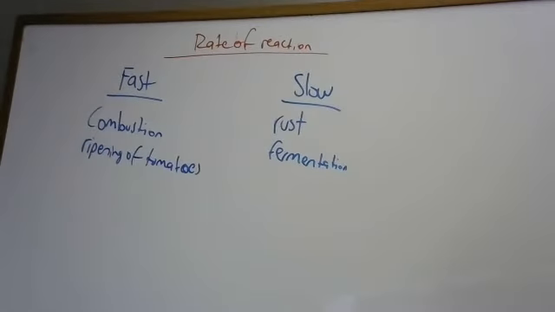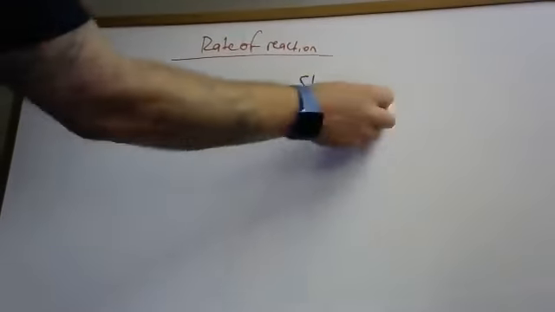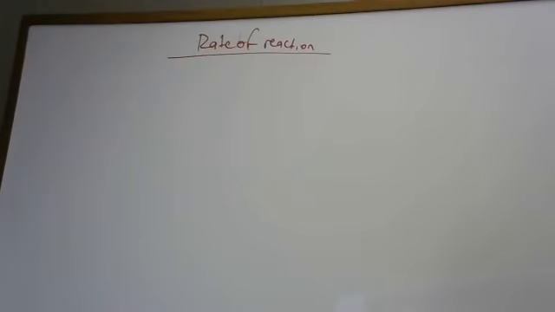We use a gas to ripen tomatoes, and it happens virtually instantly. So fast reactions. So combustion, burning of petrol. And other fast reactions will be if you dropped a piece of sodium, I'd Google it or YouTube it, whatever you want to call it. If you drop a piece of sodium into water, you get a nice big explosion. So that's quite a fast reaction.